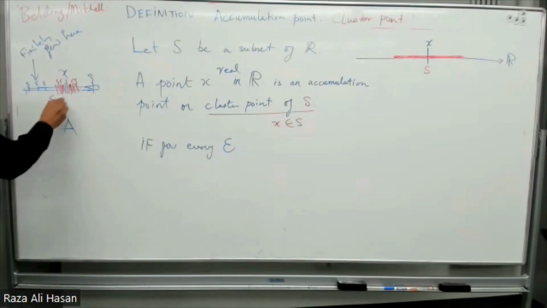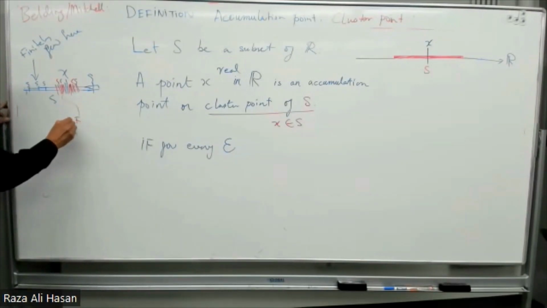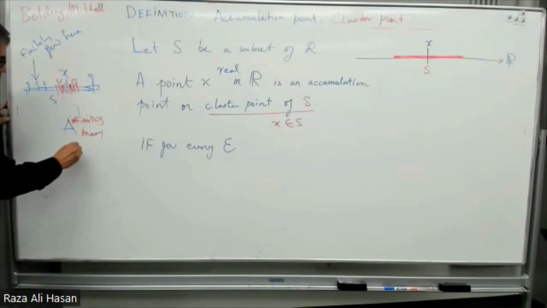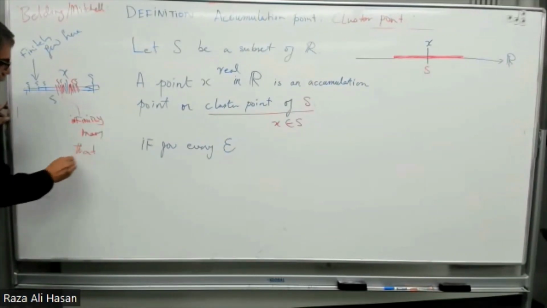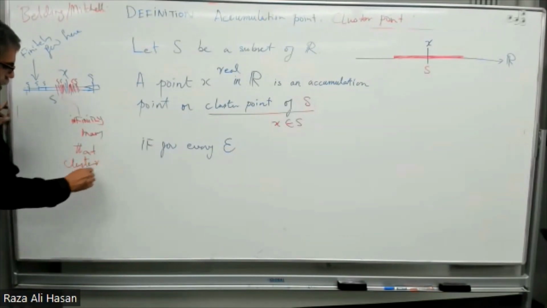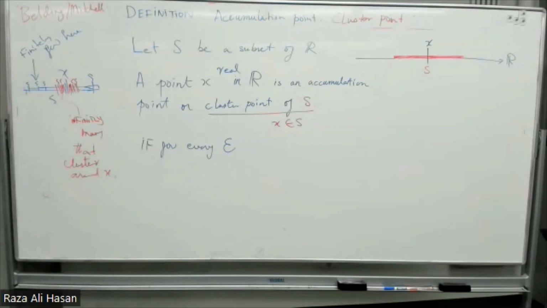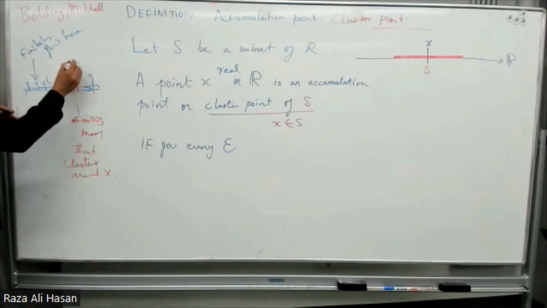And here we have the finitely, infinitely many. It's the infinitely many that cluster around X. Okay, and at this distance, epsilon.